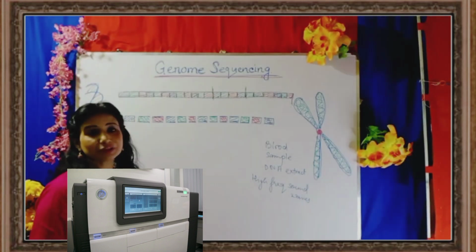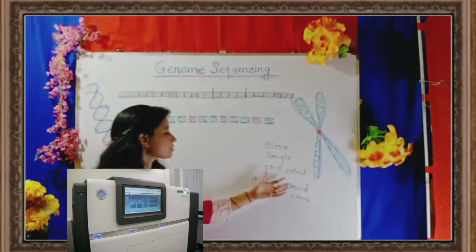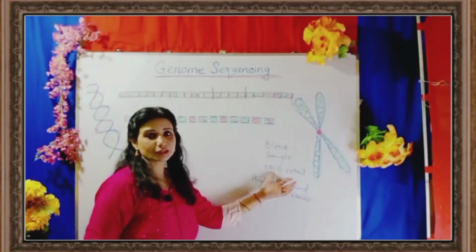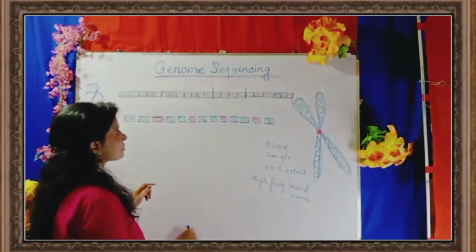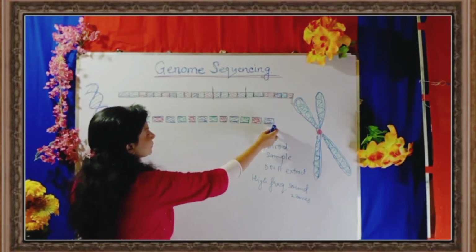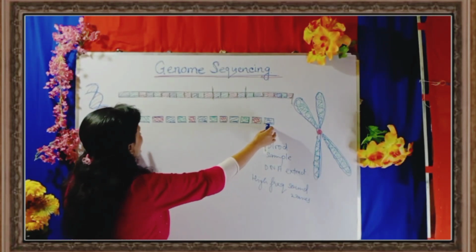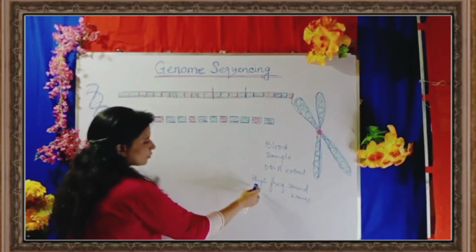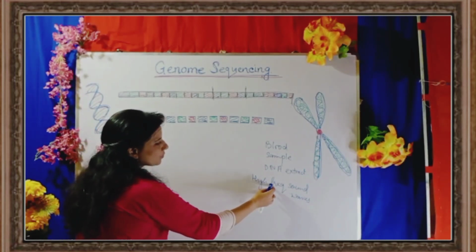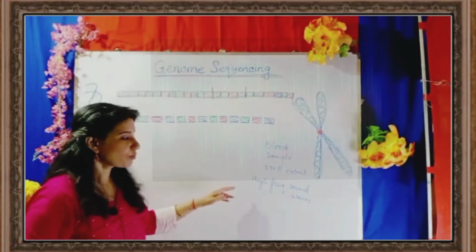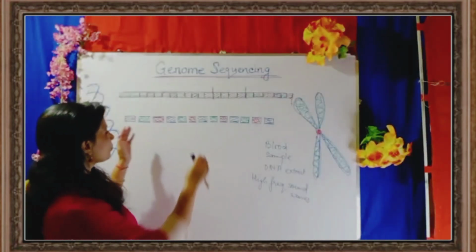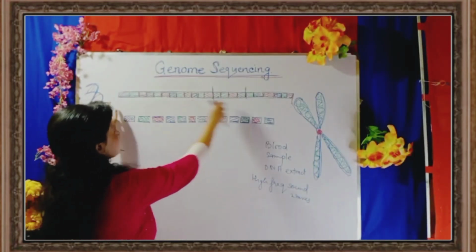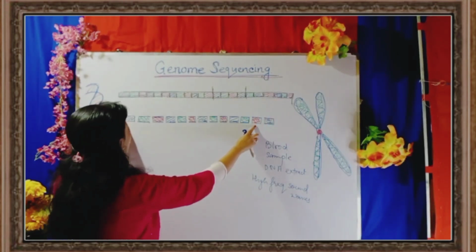Let's see what happens when the sample's DNA extraction is done and the extracted DNA is inserted into the sequencer. Some high frequency sound waves are introduced. The motive of these high frequency sound waves is to break or cut this entire genome into smaller pieces.